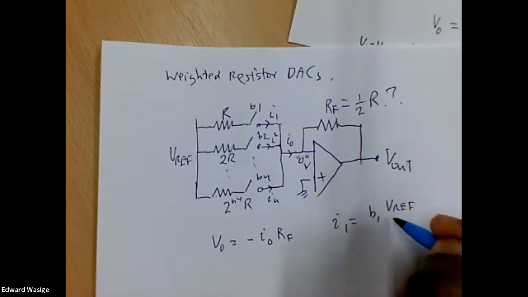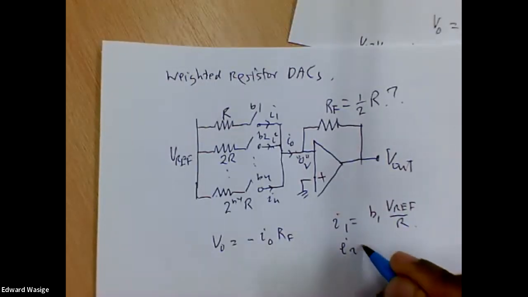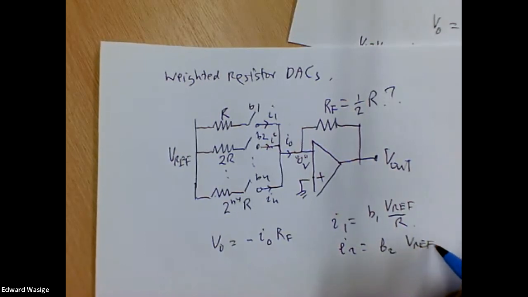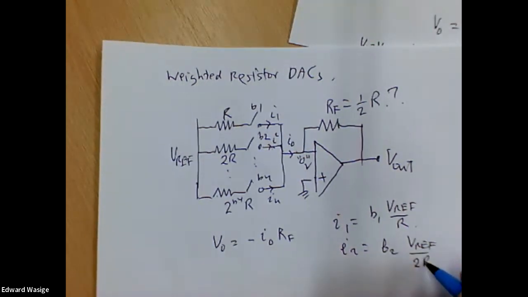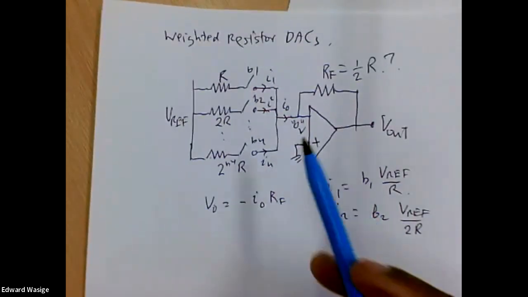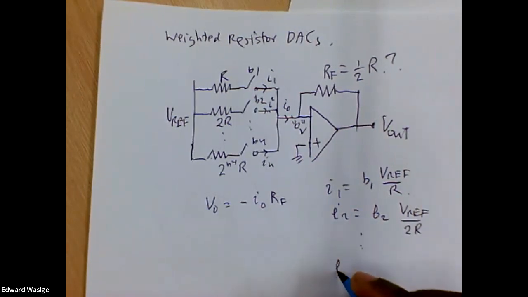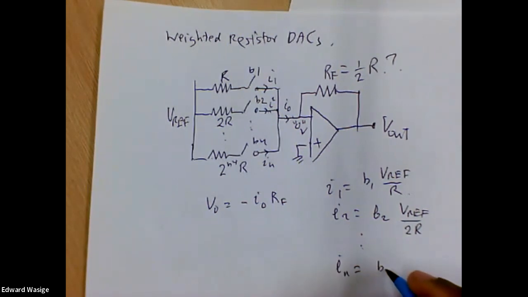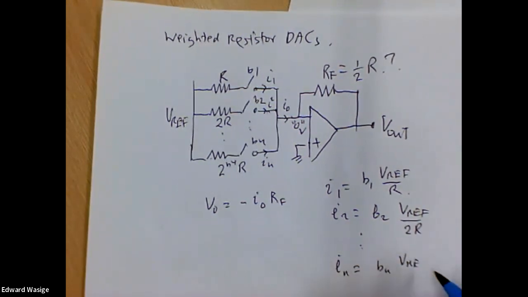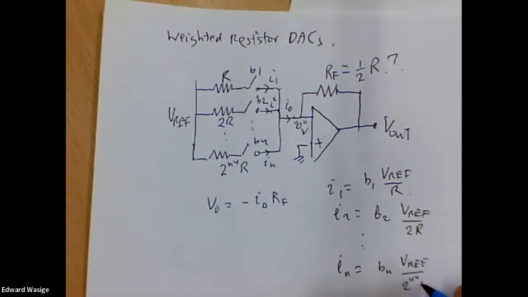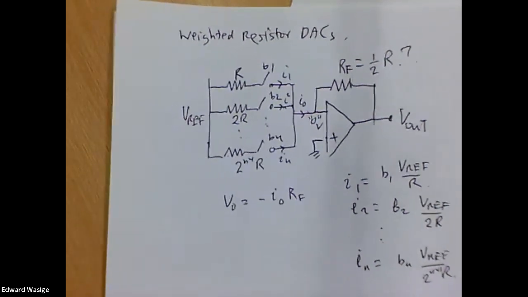I2 is B2 times VREF divided by twice R. I choose the values of the resistors so that I have the weighting for the various currents, and In will be equal to Bn VREF divided by 2 to the power n minus 1 times R.